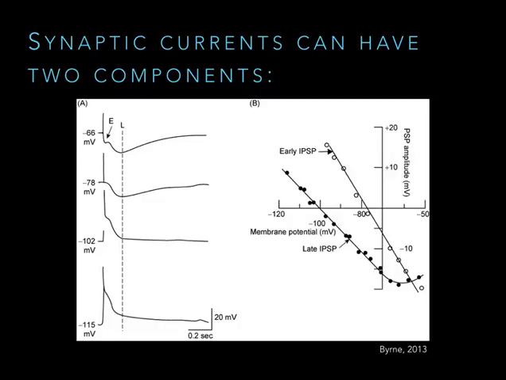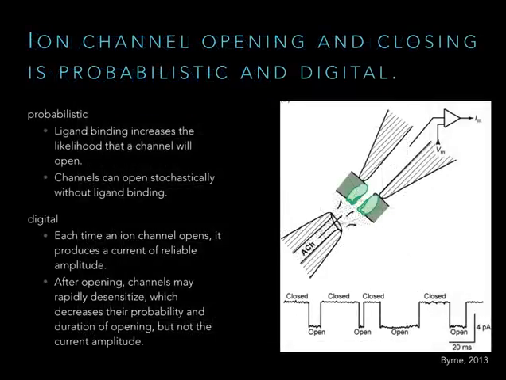And the later component has a reversal potential near 100, so it's probably potassium. So you have an early ionotropic chloride component and a late metabotropic potassium component. A lot of what we're talking about is going to be the ionotropic fast component.